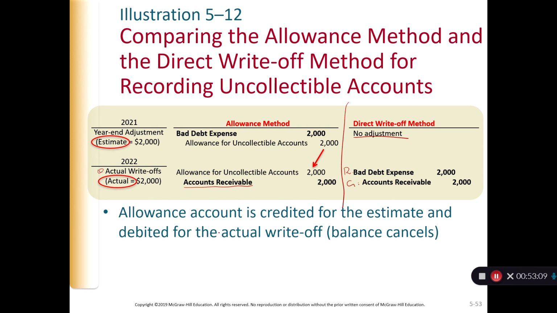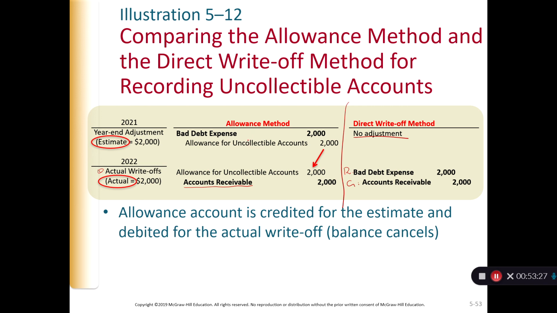If you notice, this class always talks about measurement and communication at the same time. Whenever we talk about a journal entry, we will always want to consider what's the effect on the balance sheet and on the income statement.